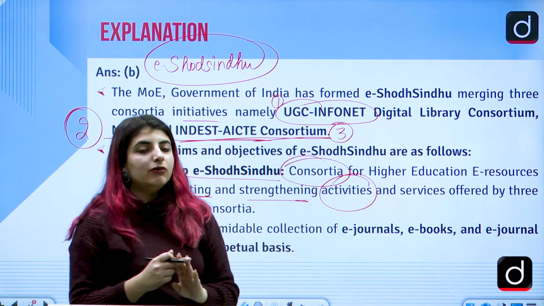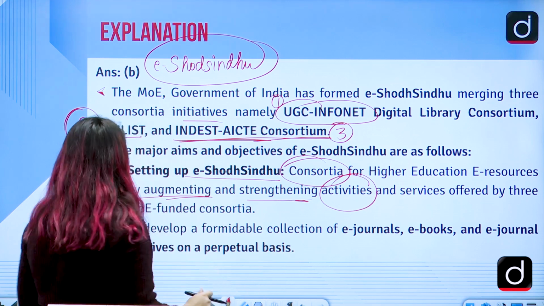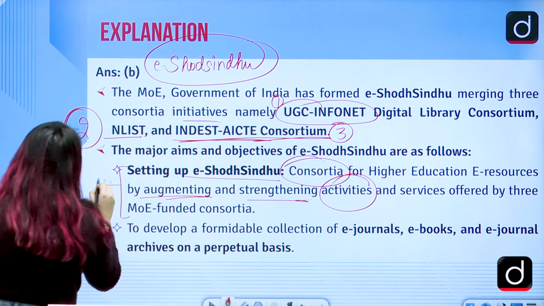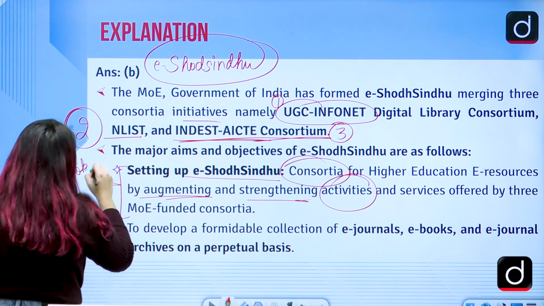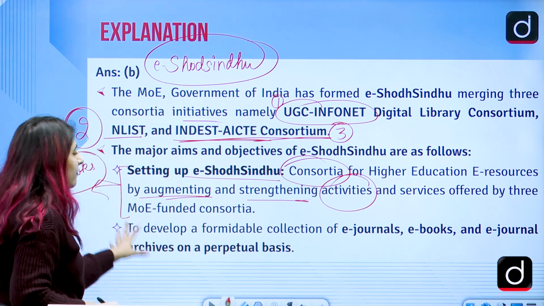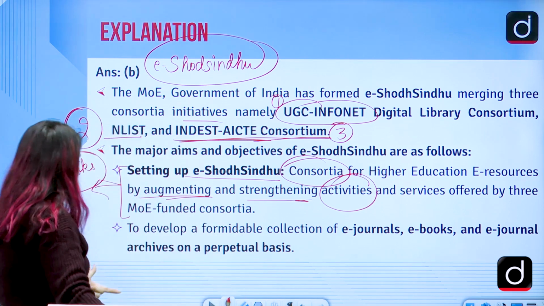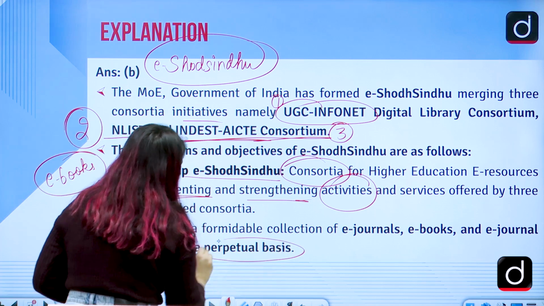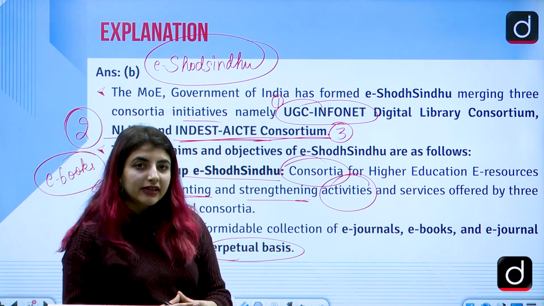These 3 will be augmenting and strengthening the programs and courses which are required. If we talk about the programs and courses, here I am talking about the e-books or the journals related to those things. The aim is to develop a formidable collection of e-journals, books, and archives on a perpetual basis. So the collection of e-books, e-journals, e-articles, etc.